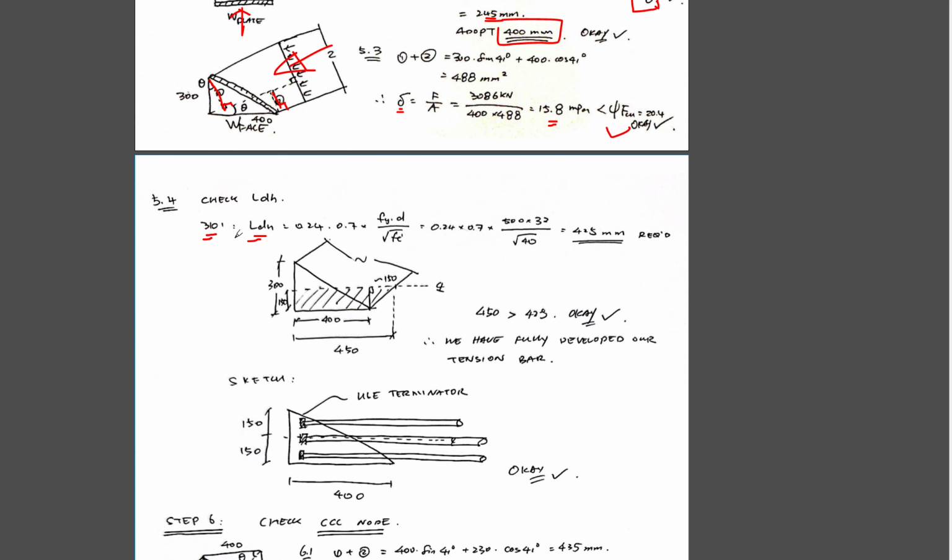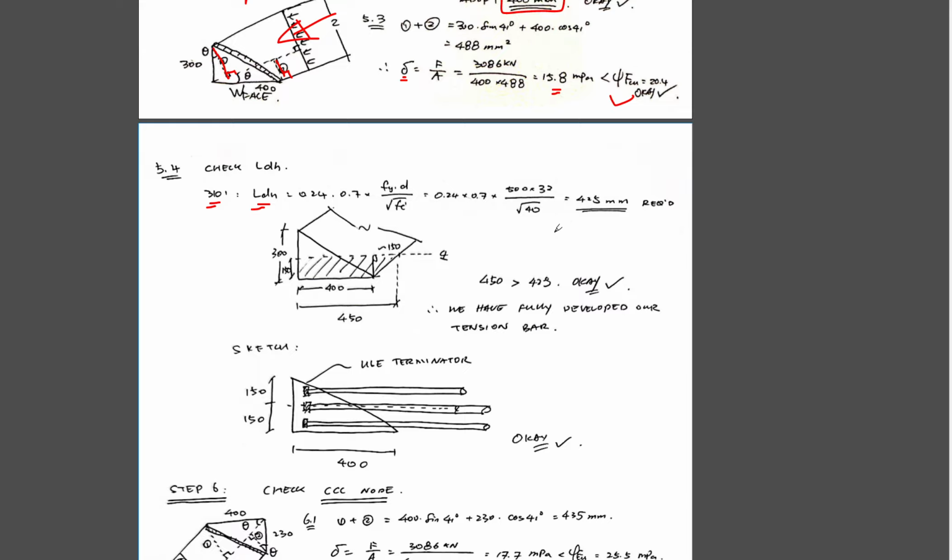You can look at the clauses for that. There's an empirical equation here. You just substitute your values, using 500 megapascal times 32, and it gives us 425 millimeters required. Lucky I've got a 400 bearing plate here, so I'm assuming that this is 400.